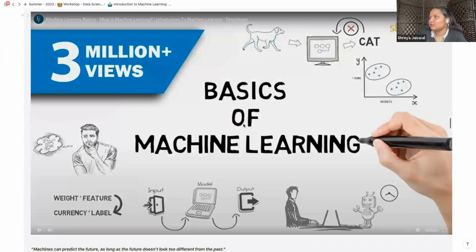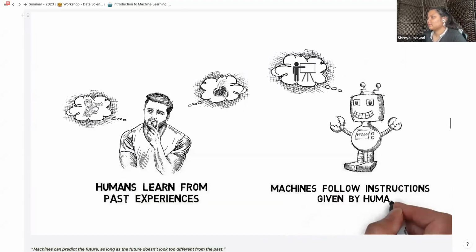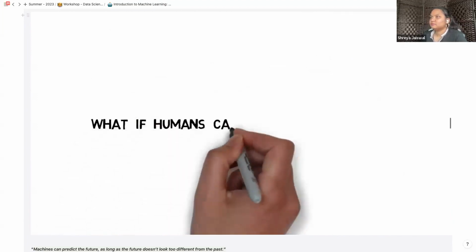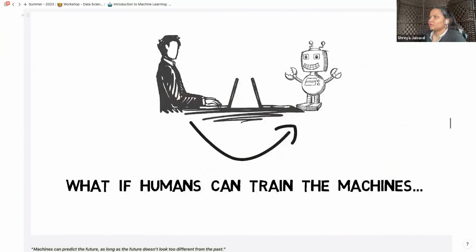We know humans learn from their past experiences, and machines follow instructions given by humans. But what if humans can train the machines to learn from their past data and do what humans can do and much faster? Well, that's called machine learning. But it's a lot more than just learning. It's also about understanding and reasoning.